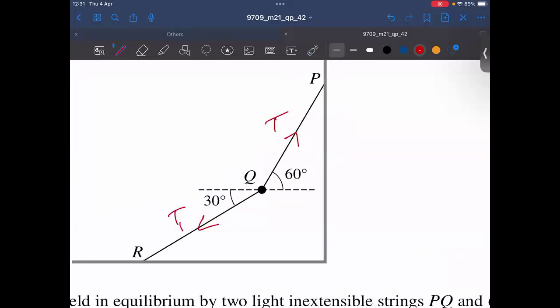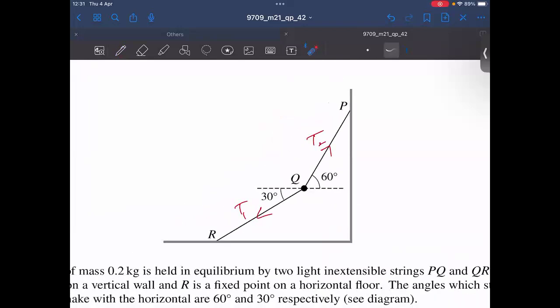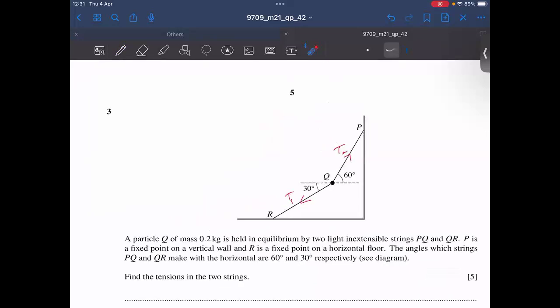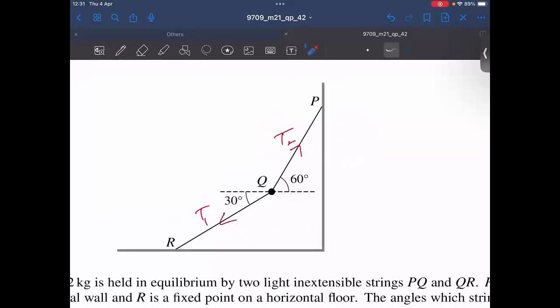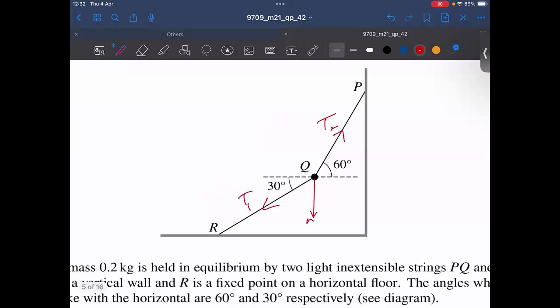I'm going to take this as T1 and this as T2 because these are two different strings. This is not one string. These are two strings, so I'm taking tension as T1 in one of them and T2 in the other, and both of them are directed away from the particle Q. And this is mg.